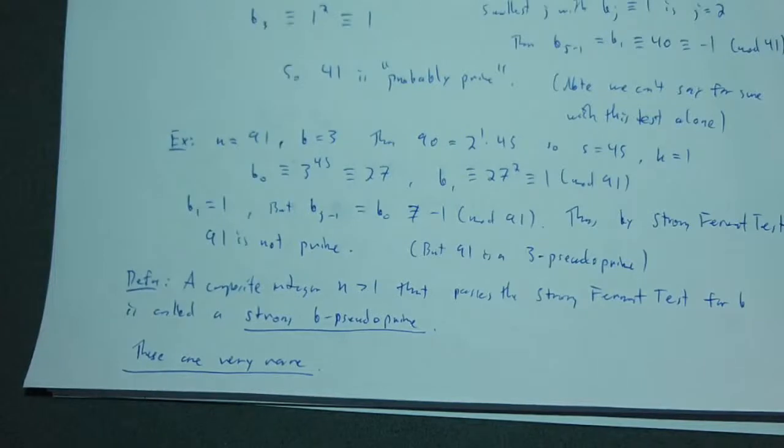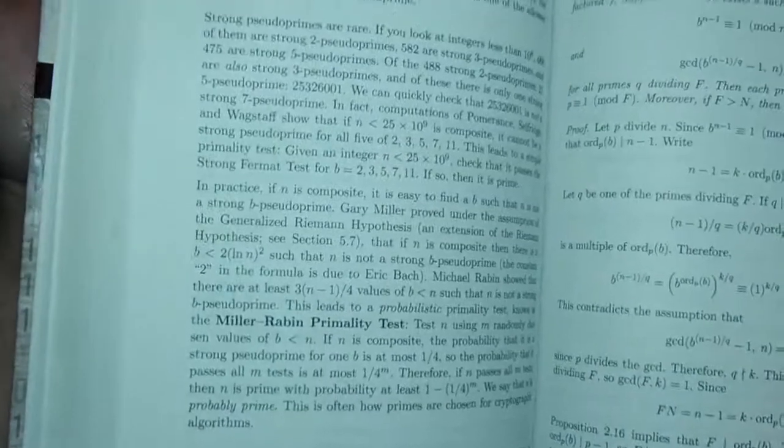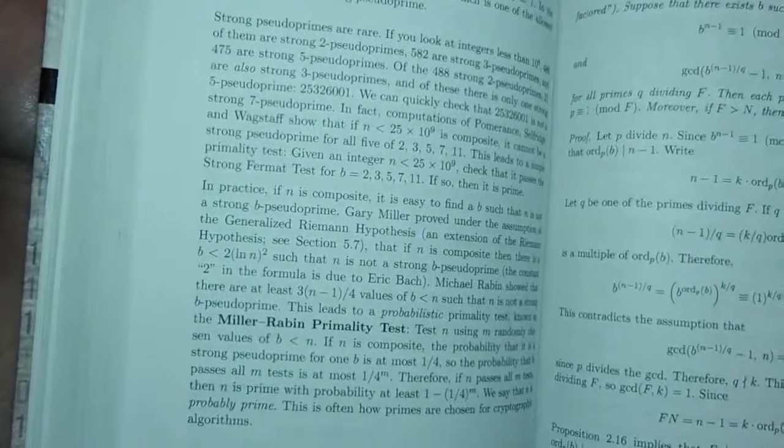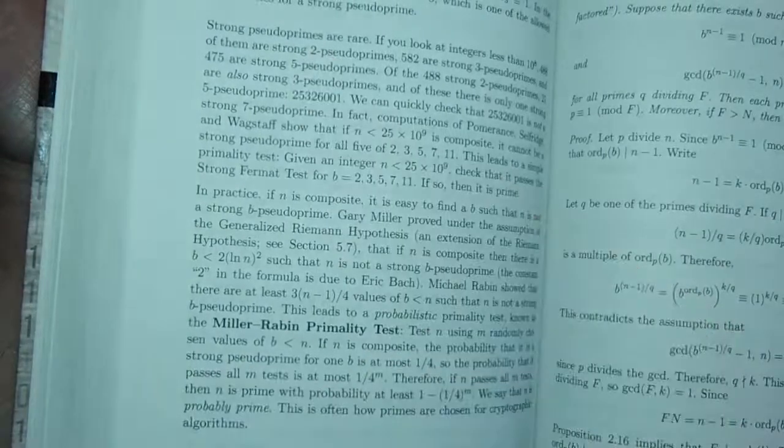All right. So, to give you an idea, so that I'm not just reading into the void here, here is a nice description of what's going on. So the strong pseudoprimes are rare.